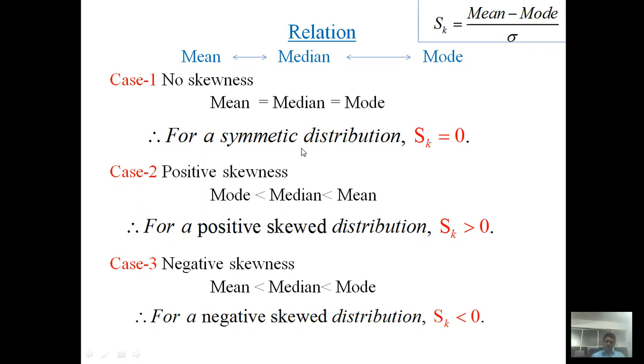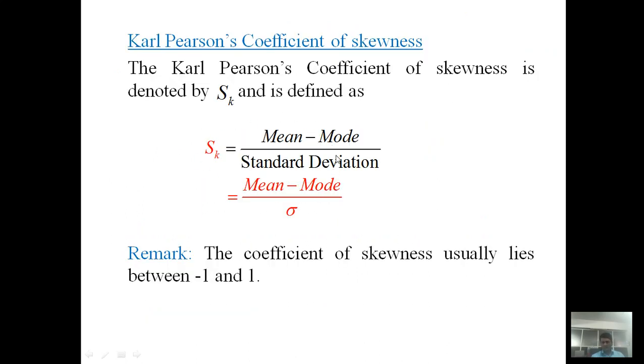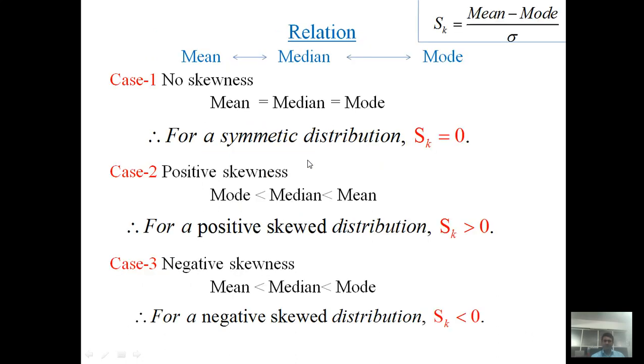Now next we have to talk about the behavior of the skewness coefficient. The Pearson coefficient is defined as mean minus mode upon standard deviation. Just for convenience, we write it here. When there is no skewness, mean and mode are the same, so the numerator takes 0 and the denominator is standard deviation, which is nothing but the positive square root of variance.